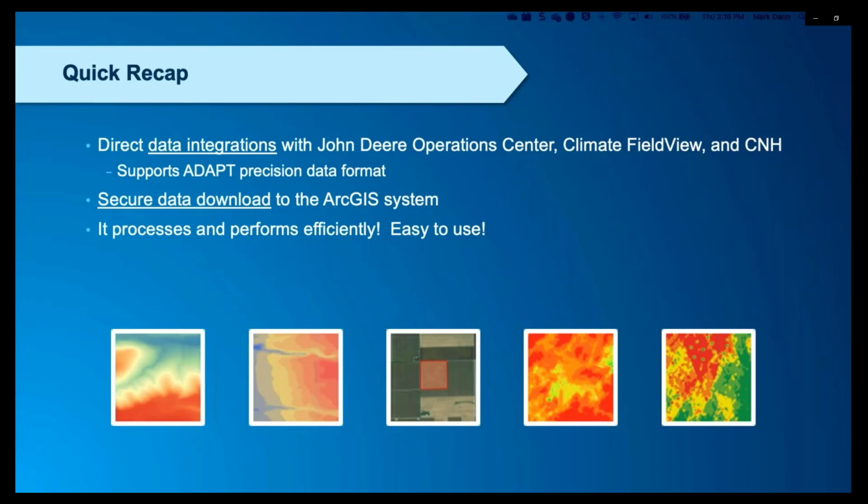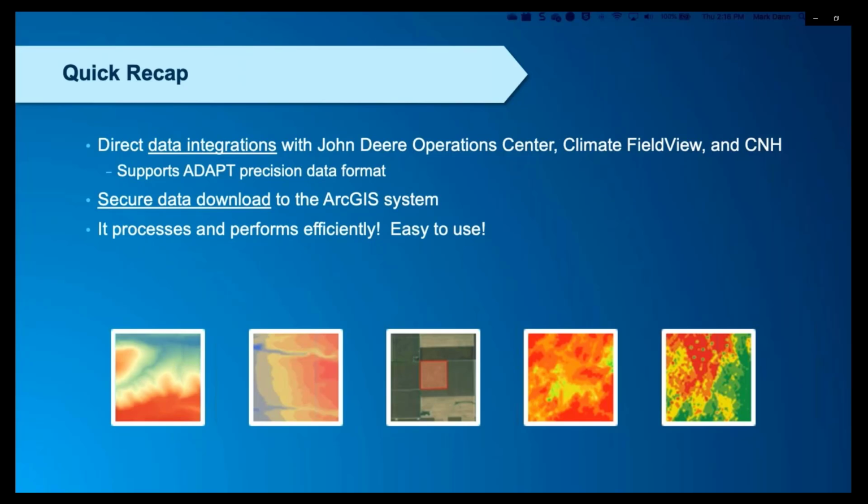So for those folks concerned about the security side of things, that's all done very nicely and securely. And it processes the data very efficiently. I think everybody will agree it's super easy to use, which for a user like me, is huge and always important.